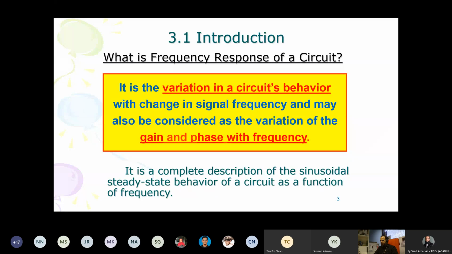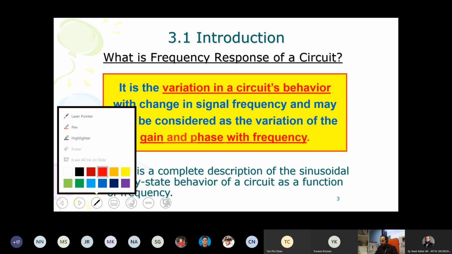So basically, the frequency response is when we have a frequency at the input, a sinusoid or some particular wave. It is a complete description of the sinusoidal steady state behavior of a circuit as a function of frequency. Frequency response is a function of frequency. All right.